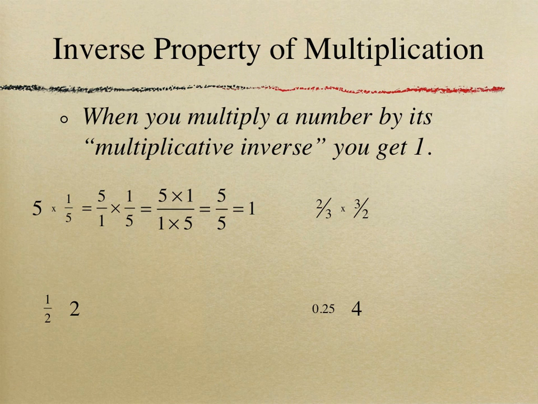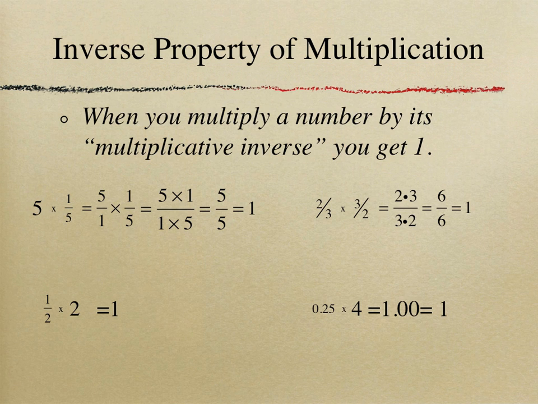I can do that with the next pair of numbers, 2/3 and 3/2. 2/3 times 3/2. Again, when I multiply fractions, I multiply my numerators together, 2 times 3, and my denominators together, 3 times 2. That gives me 6 over 6, which is simply 1. 1/2 times 2, when I multiply those together, I get 1. 0.25 times 4, if I multiply those together using the rules for multiplying decimals, I would get 1.00, which is just the same thing as 1.